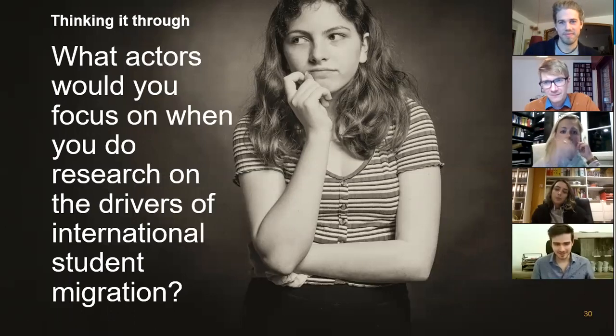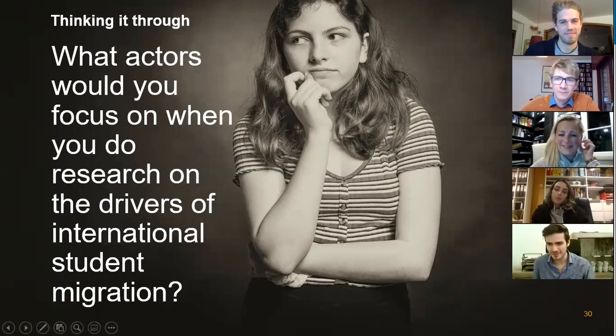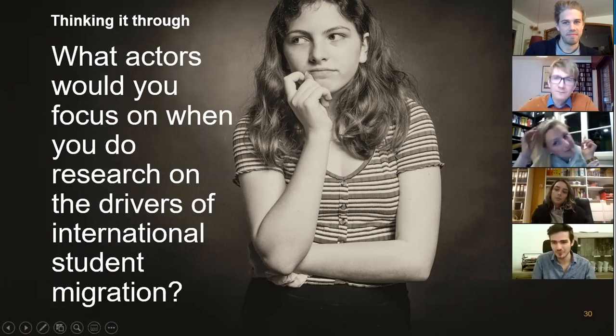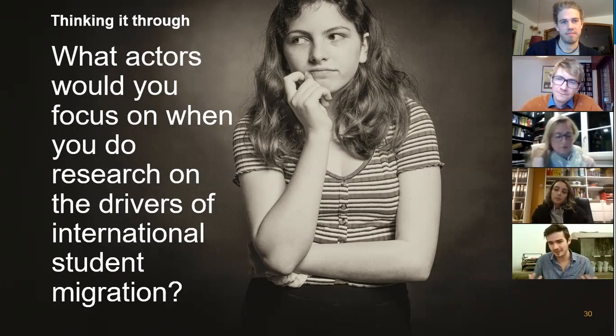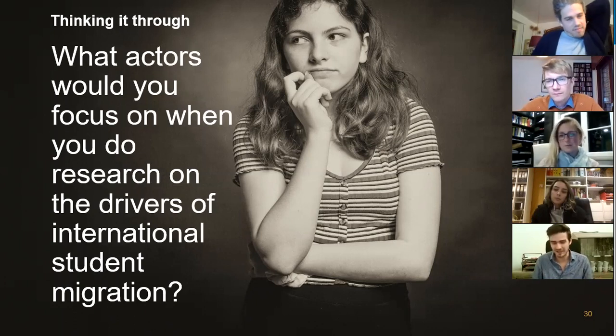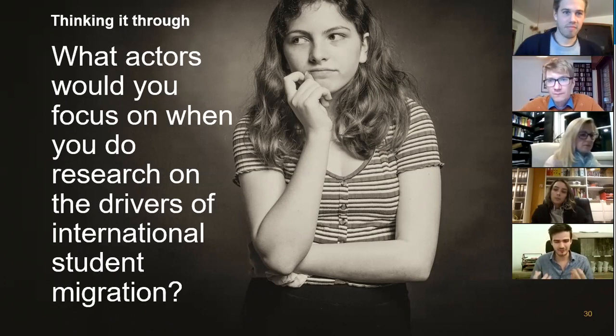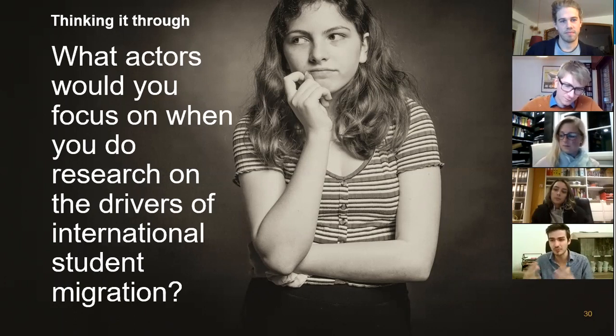Well, as I'm also a psychologist, I would definitely also focus on the individual factors, or if you want to put it a bit more sociologically, you could, for example, look at which kind of values or ideals might drive international student migration. So, for example, what kind of images does somebody have connected to being mobile?